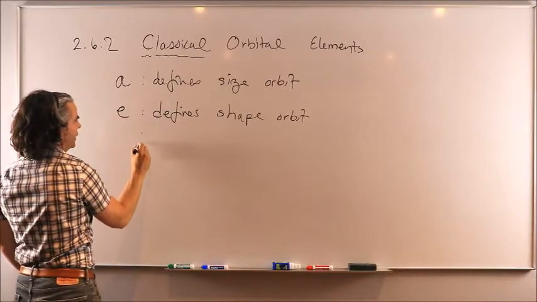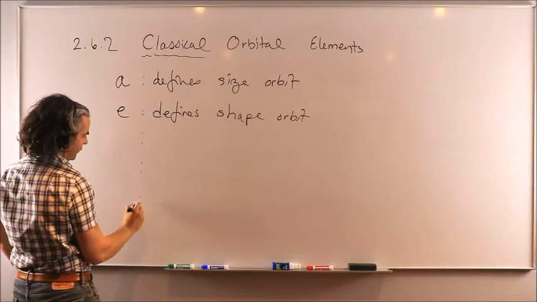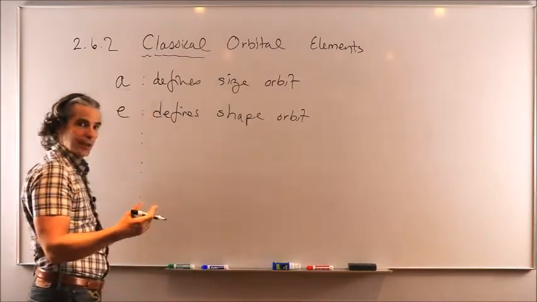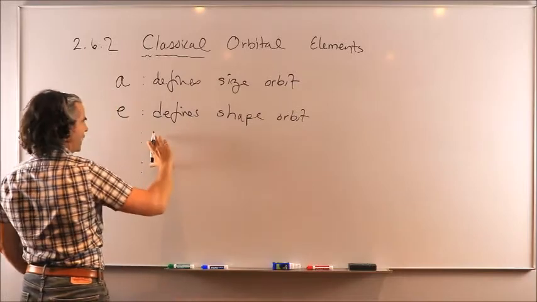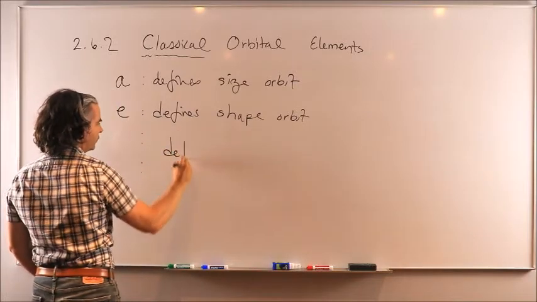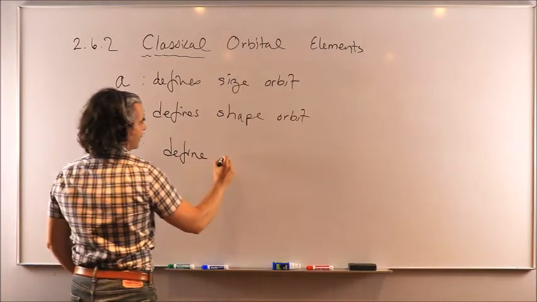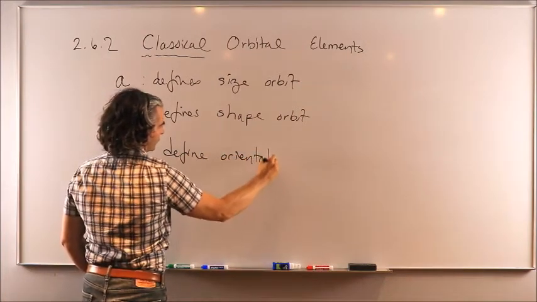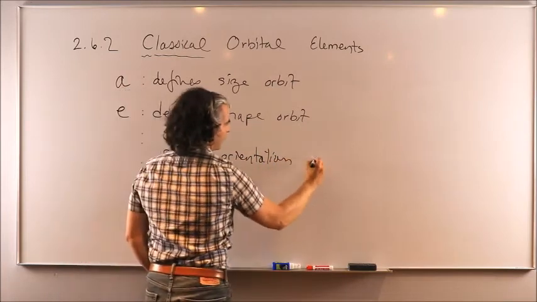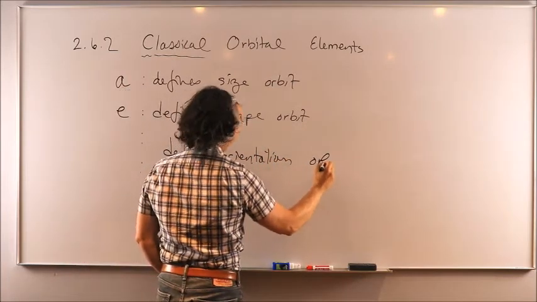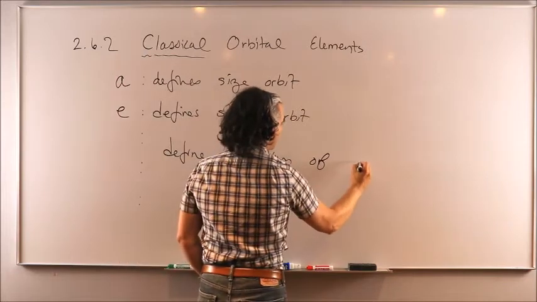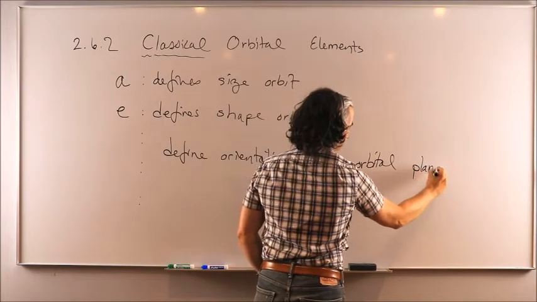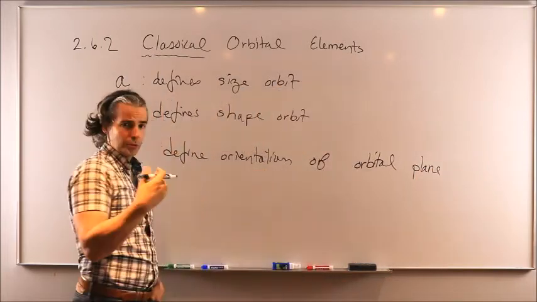Now, the three next orbital elements are there to define the orientation of the orbit in 3D space. So we have two that will both define the orientation of the orbital plane. Well, again, orientation with respect to what?